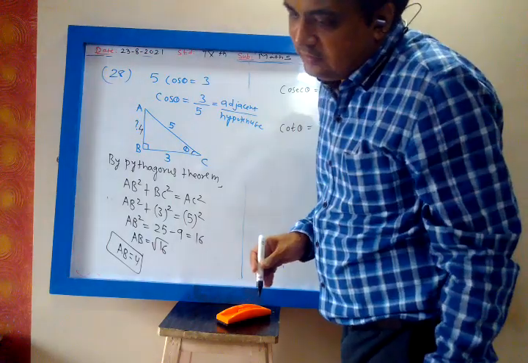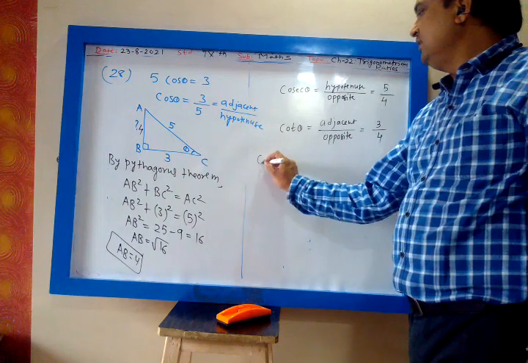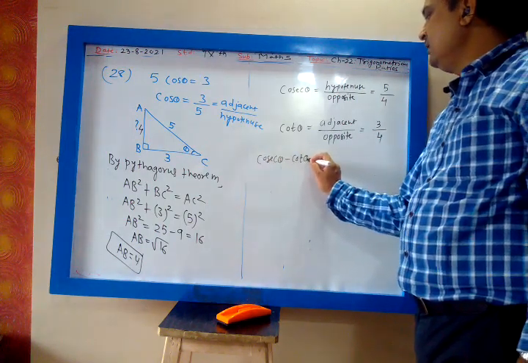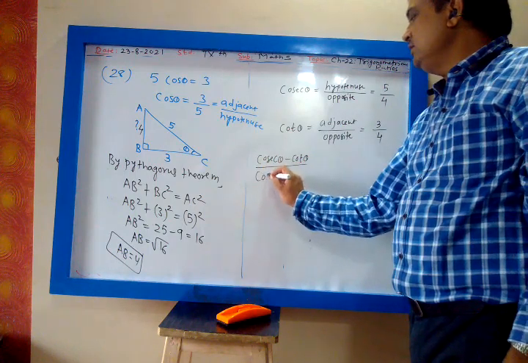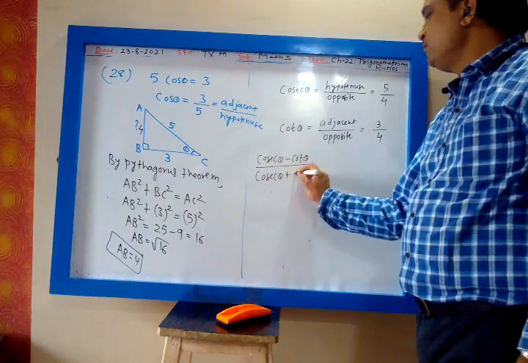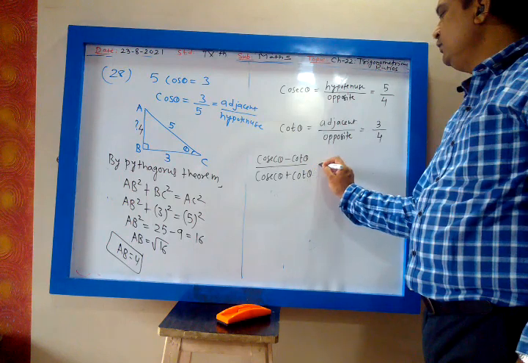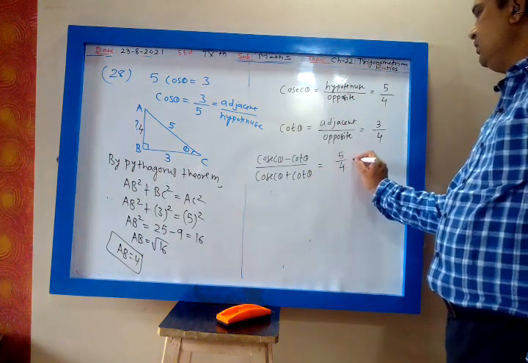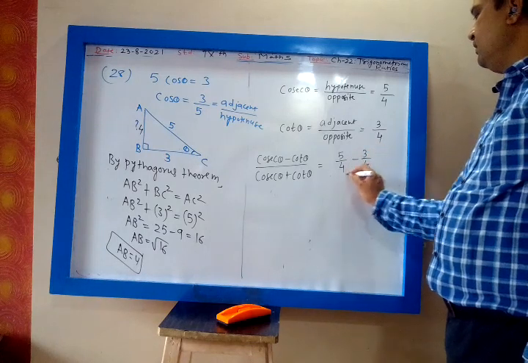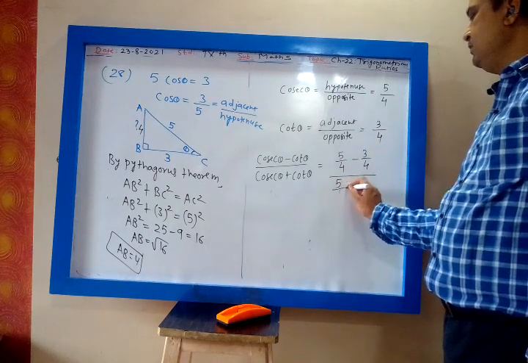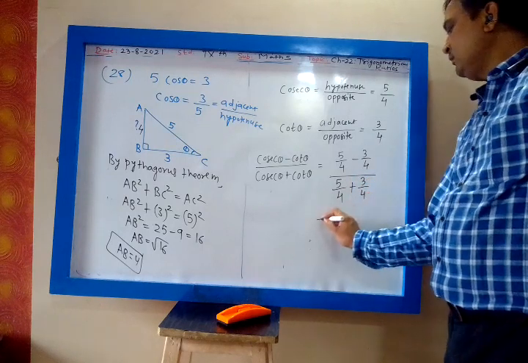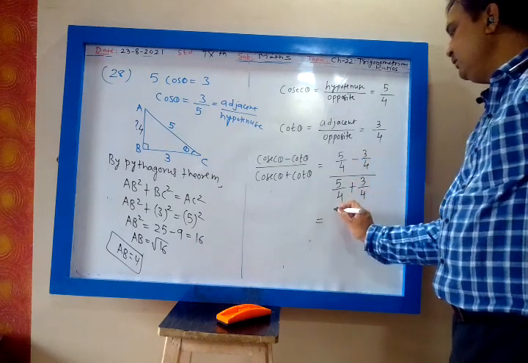Now we want to find the value of cosec theta minus cot theta upon cosec theta plus cot theta. Cosec theta is 5 by 4 minus cot theta 3 by 4, upon cosec theta 5 by 4 plus 3 by 4. 5 minus 3 is 2, so 2 by 4.